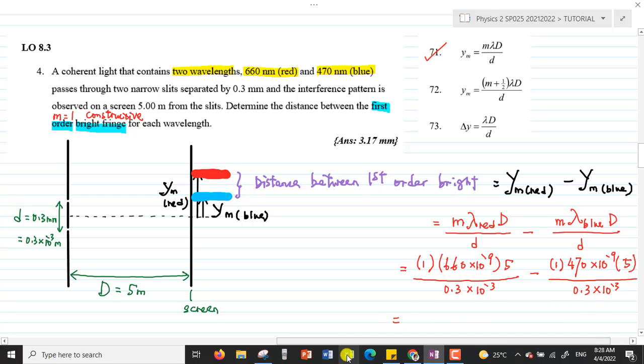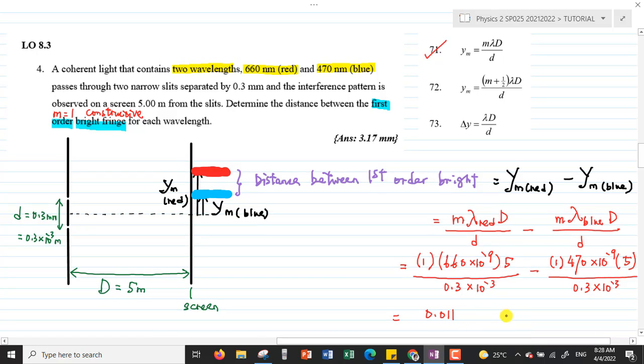Then you might pause the video to do the calculations. So I get this value is around 0.011, minus this value, which is around 7.83 times 10 to the power of -3.